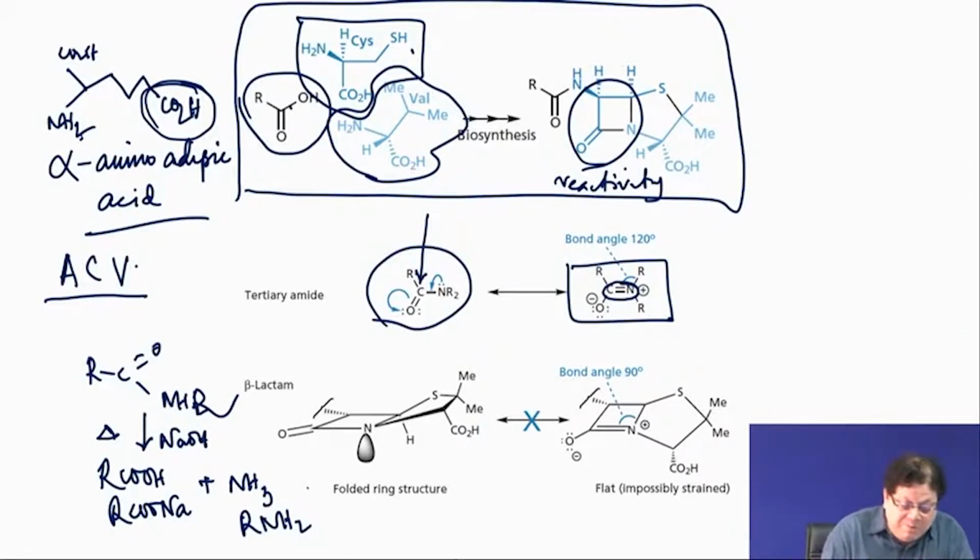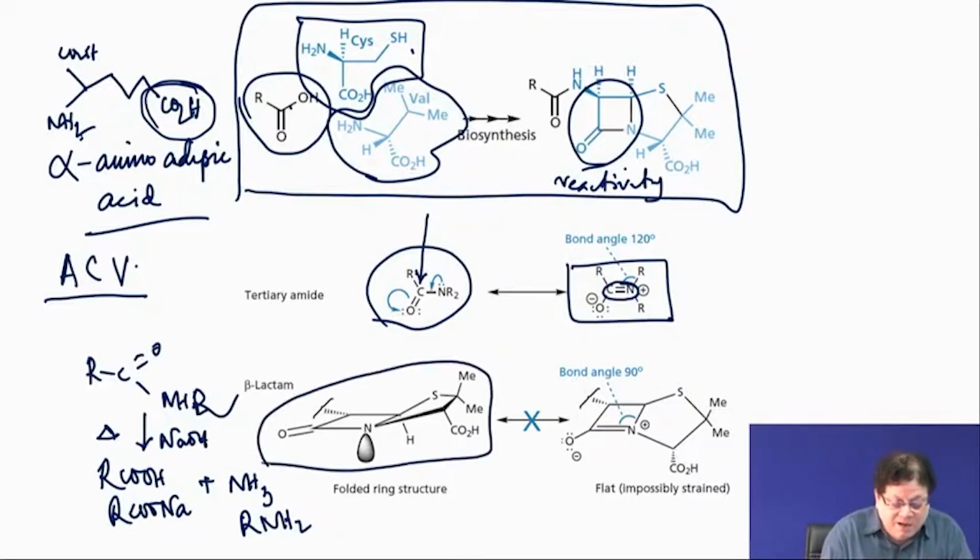On the other hand, in penicillin what happens? This is the structure of penicillin. See, it is not a planar molecule. The beta-lactam ring, a 4-membered ring, is almost nearly planar, and then you have this 5-membered ring which is going upwards.